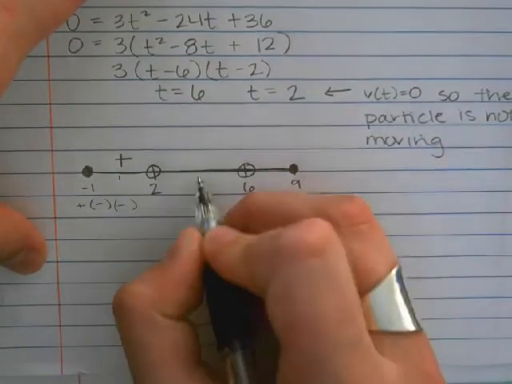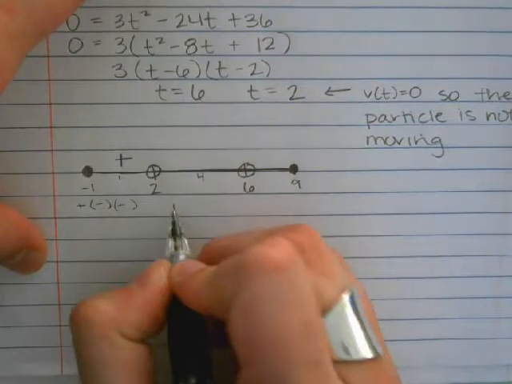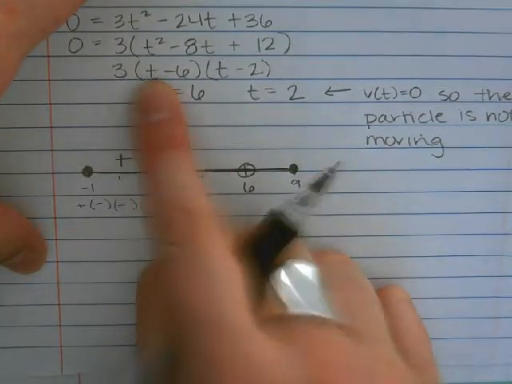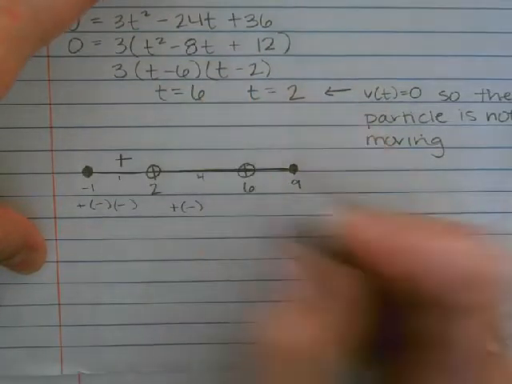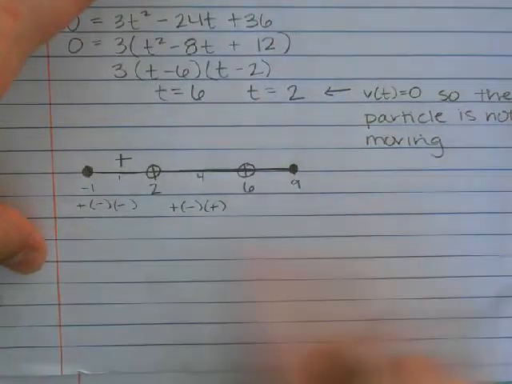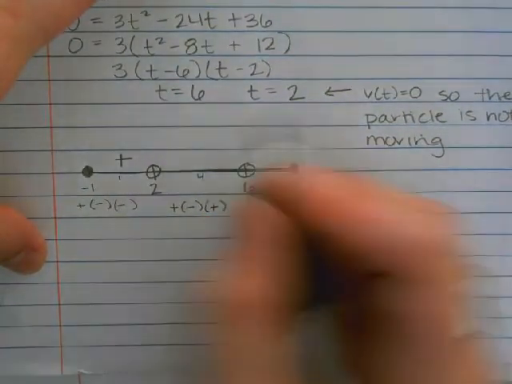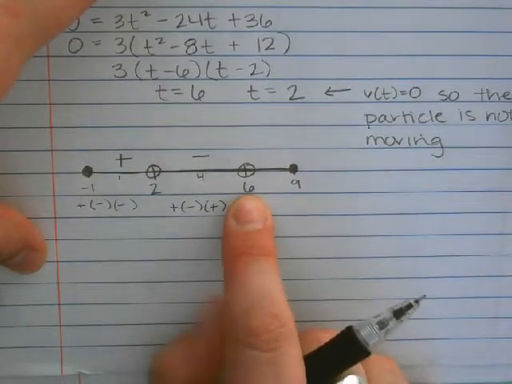4. All right. So the 3 again is positive, so I'm going to write a plus down. 4 minus 6, negative. 4 minus 2, positive. Okay? So positive times negative times positive is negative. That means that between seconds 2 and 6, the particle was moving to the left.